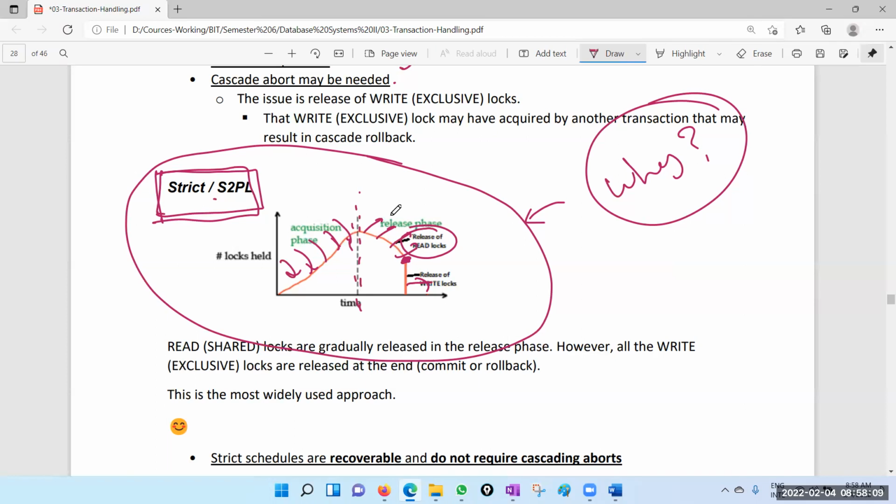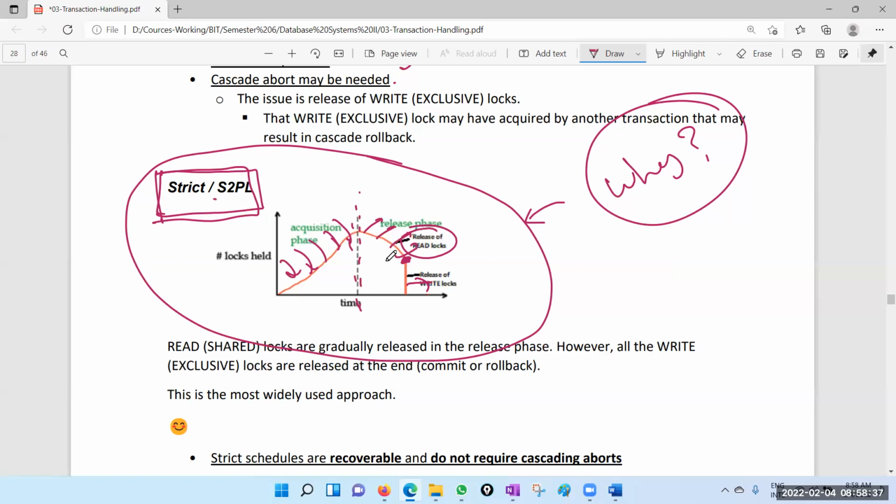So if another transaction is waiting to get the write lock, now it can get it because you released your read lock. But you don't release your write lock until the end, because write lock is a stronger lock.